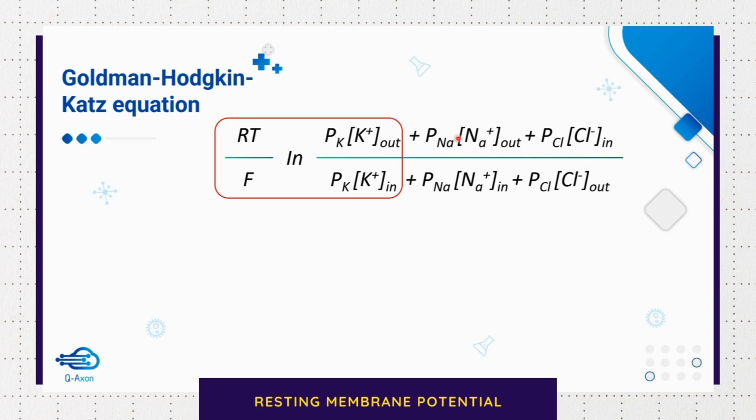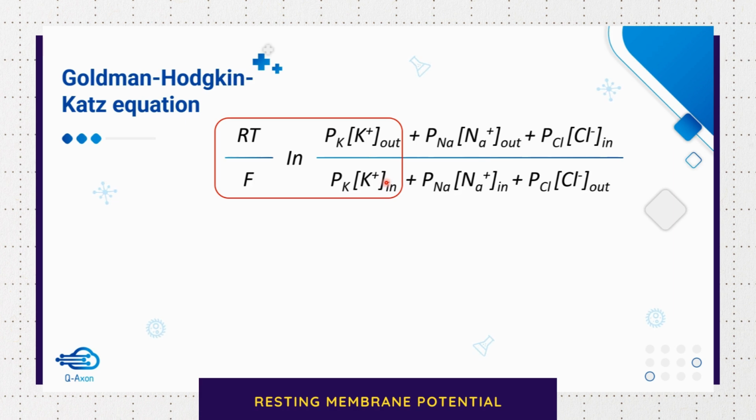And then it has added the components of other ions. So permeability of sodium into concentration of the sodium, and chloride ions are also considered. In this way, we can use the concentration of different ions plus the permeability of the membrane to those ions.